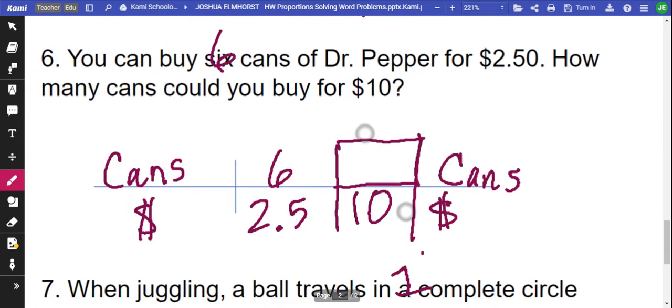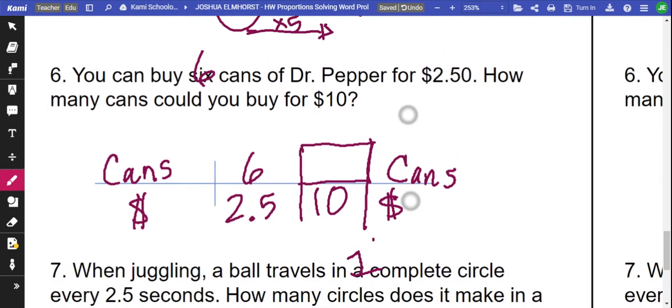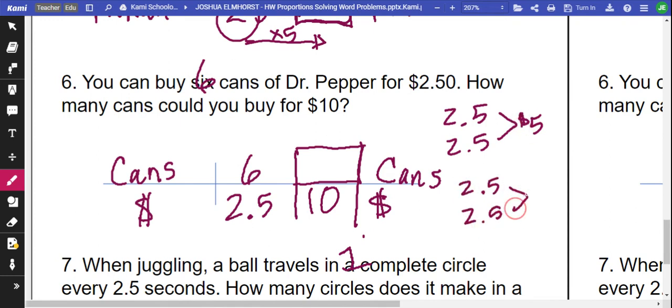Okay, number 6, you can buy 6 cans of Dr Pepper for $2.50. How many cans should you buy for $10? Okay, so if you do 2.5 plus 2.5, that's $5. And then you got 2.5 and then 2.5 together is $5.